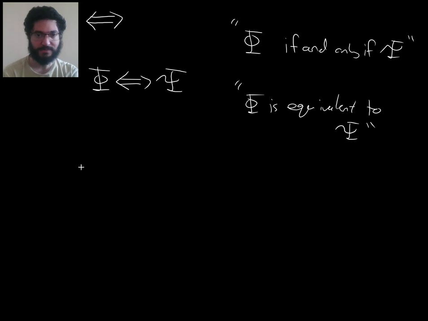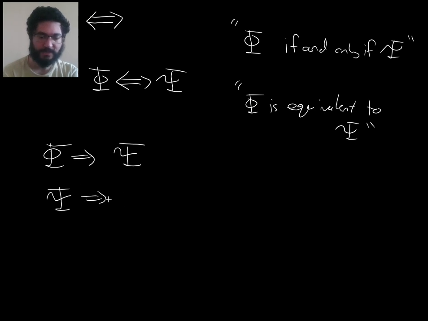That's how you use it. You can think of it as providing you with these two implications. Phi implies psi, and psi implies phi. So it's providing you with both of these to use. From phi, deduce psi, and also from psi, you may deduce phi.